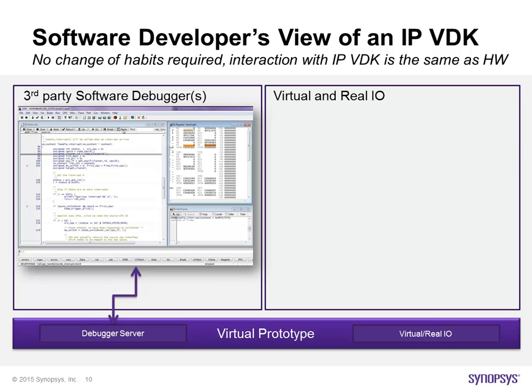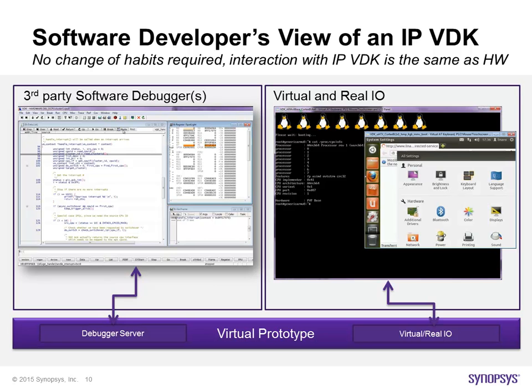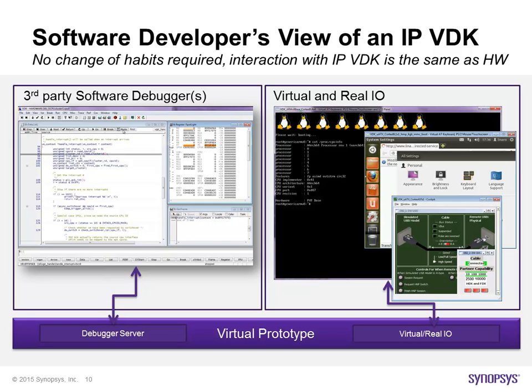Next to the debugging aspect, the user can interact with the virtual prototype using so-called virtual and real-world I/O. So again, instead of attaching a serial cable to the hardware board and launching a terminal application on the host, a virtual connection is established here between the different external applications and the virtual prototype.